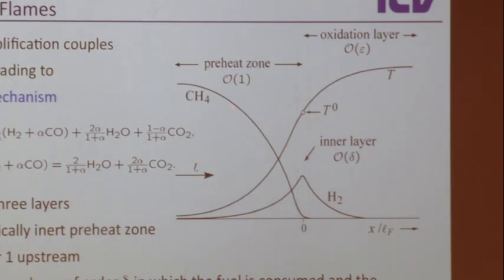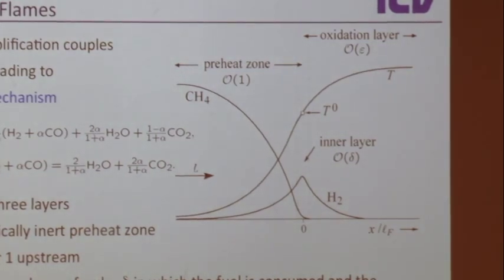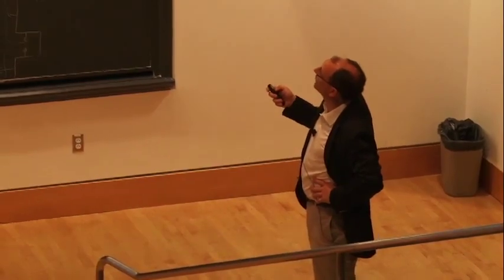So the assumption here, or that's how it comes out at the end: the preheat zone is very large. We say it's order 1. This order 1 means it's the order of the entire flame thickness. So you can say basically the preheat zone is the flame thickness. And then there is the oxidation layer.